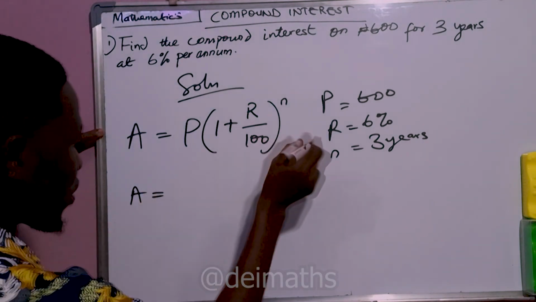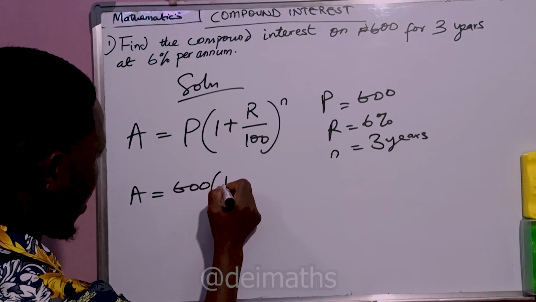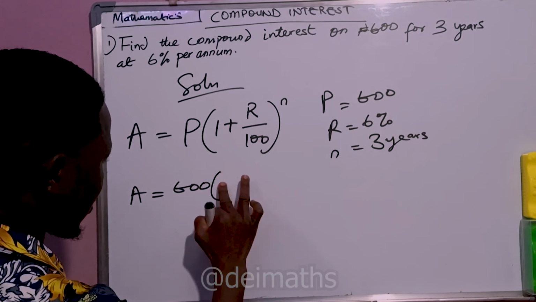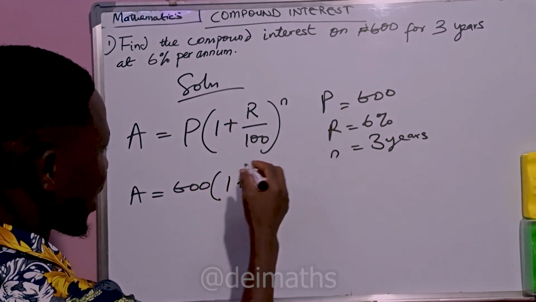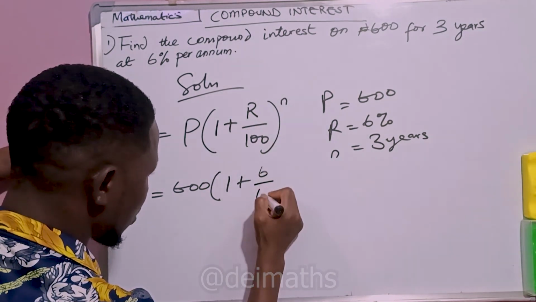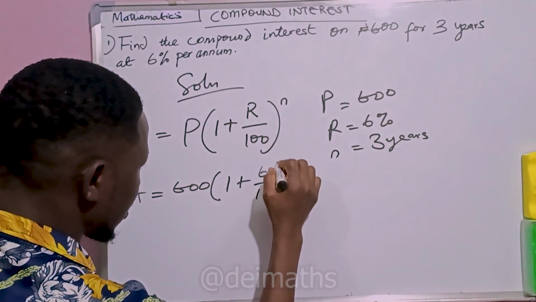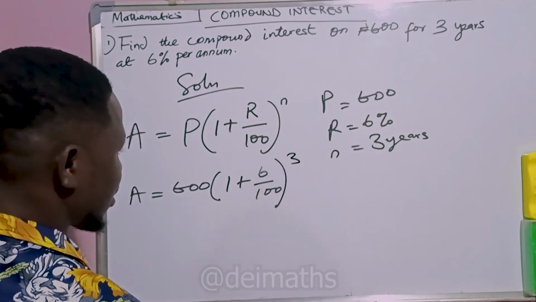A equals, our P is 600, brackets 1 plus our R is 6 all over 100, brackets, our number of years is 3.